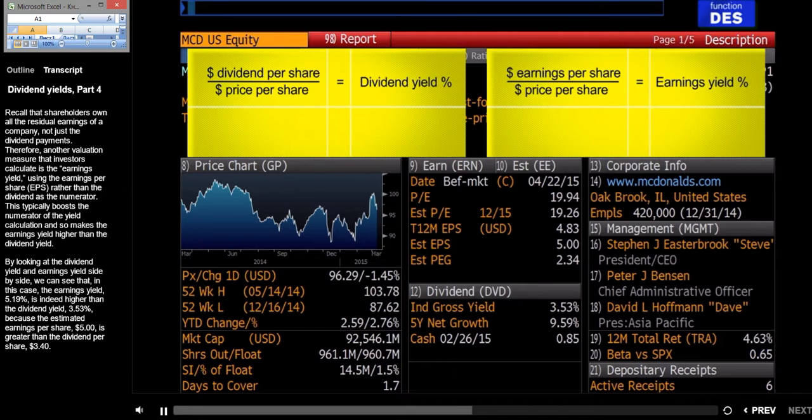By looking at the dividend yield and earnings yield side by side, we can see that in this case, the earnings yield, 5.19%, is indeed higher than the dividend yield, 3.53%, because the estimated earnings per share, $5, is greater than the dividend per share, $3.40.